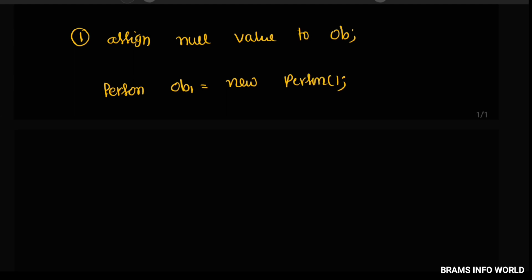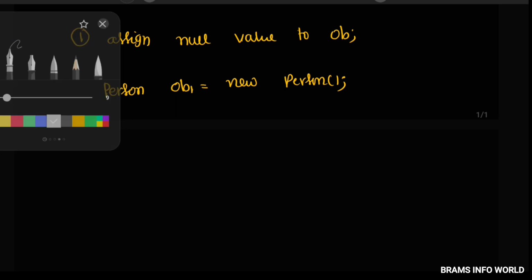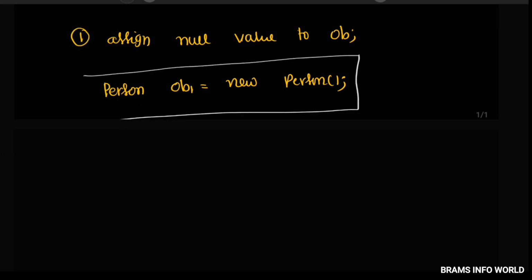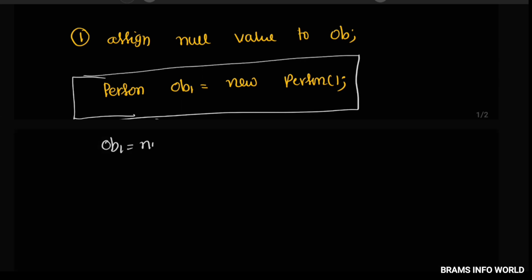Whenever you write a program, if you do not use anything, your object is going to be unused. In this case, our memory may be wasted. So how to use a null pointer? Simple, OB1 equal to null.